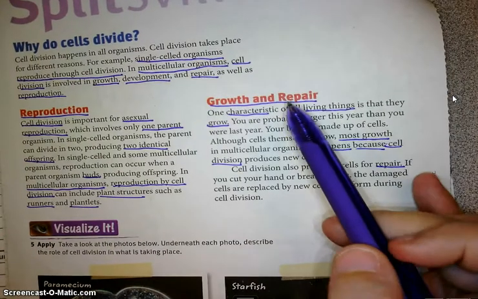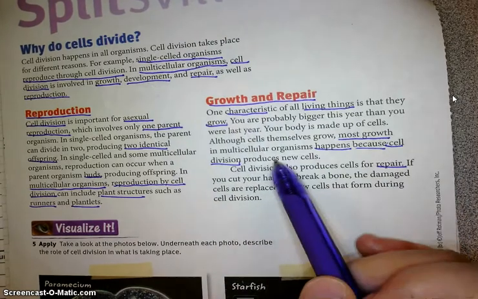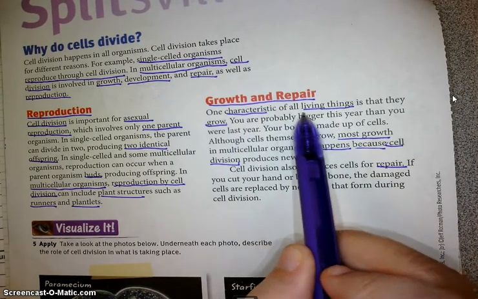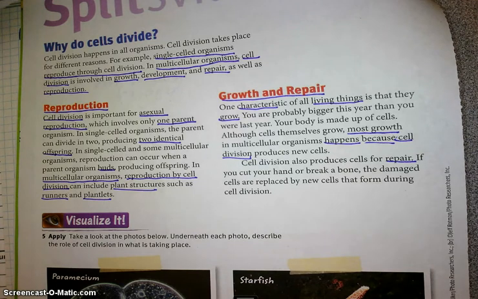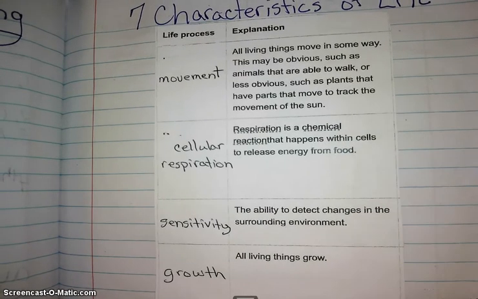Now, the other reason for cell division is growth and repair. One characteristic of all living things is that they grow. Again, if you refer back to your journal, I think it was on page 5, the 7 characteristics of life.